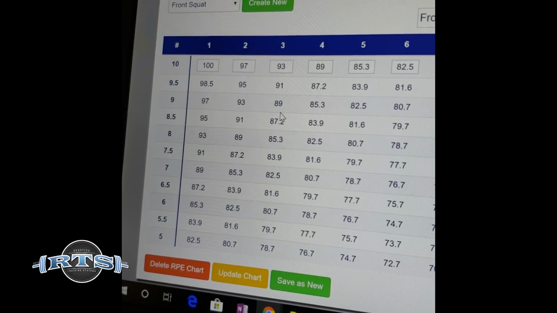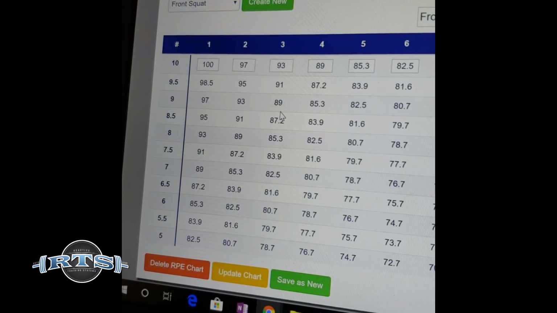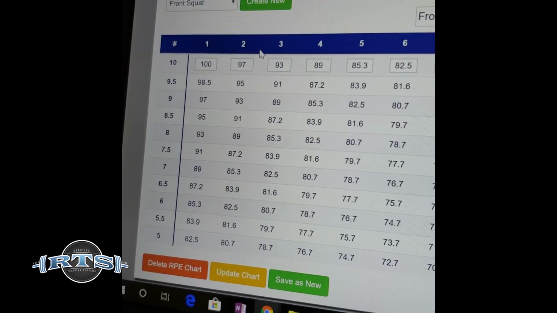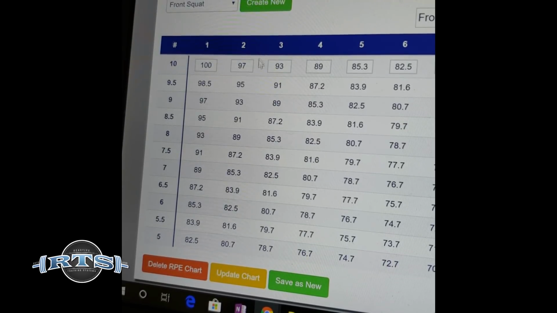If I did 1 fewer repetitions, that's going to be 2 reps at an 8 RPE. So 2 reps at an 8 RPE is also 89%. So you can see how the repetitions and the intensity have an interaction to create the RPE. These all have a relationship, and you can manage any of these that you want in your training.